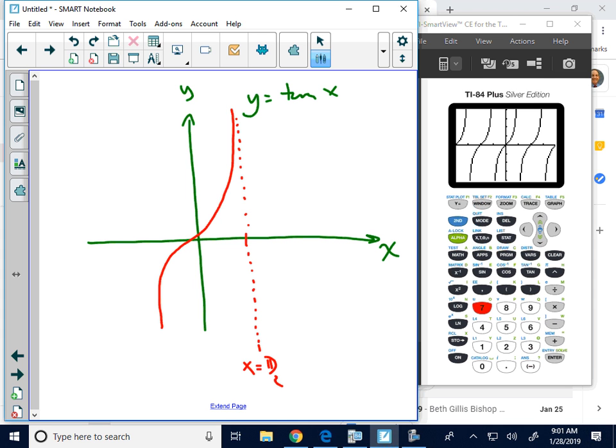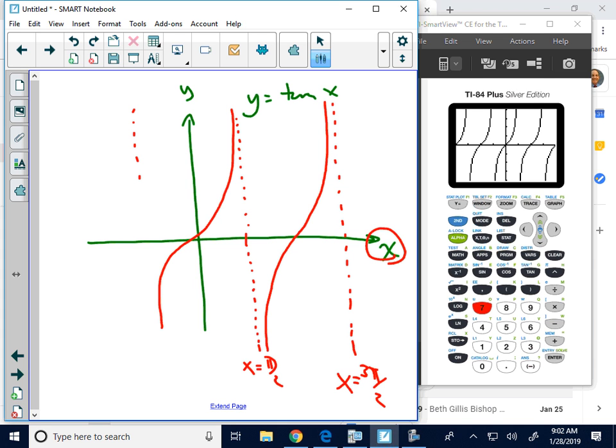And then the next piece goes like this, and there's another vertical line, and you should write down whatever the variable is. If it's x, say x equals 3 pi over 2. Likewise off here to the left, you want to get really comfortable graphing this tangent function, negative pi over 2, and then there's another piece that comes in like this.